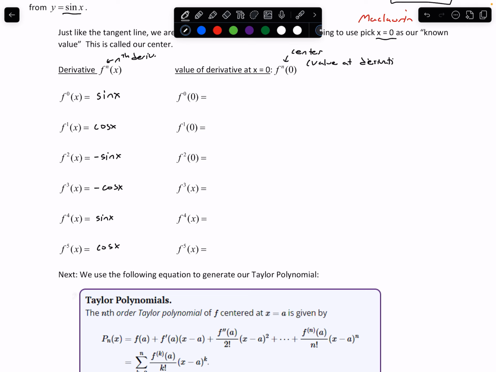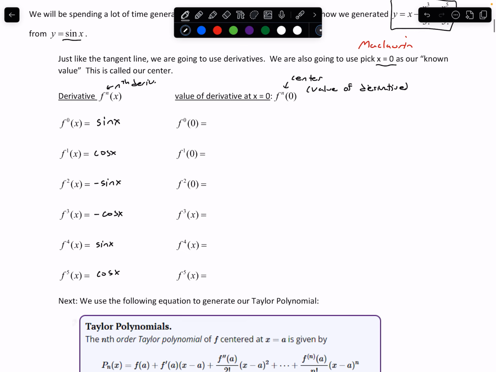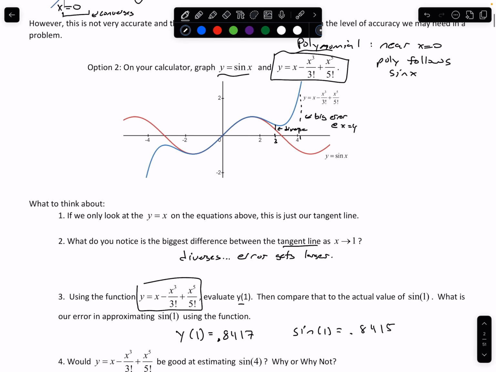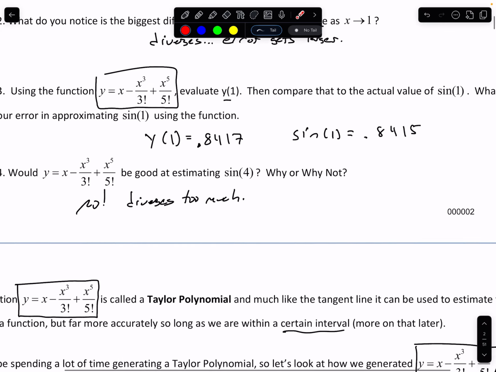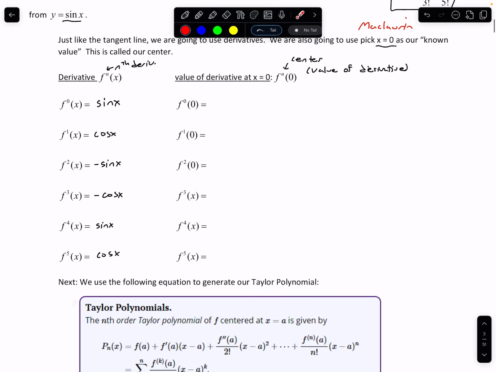We are going to find the value of the derivative at that point, and we call this a center. And why do we call it the center? Again, if we look up here, x equals 0 is where we are centered.